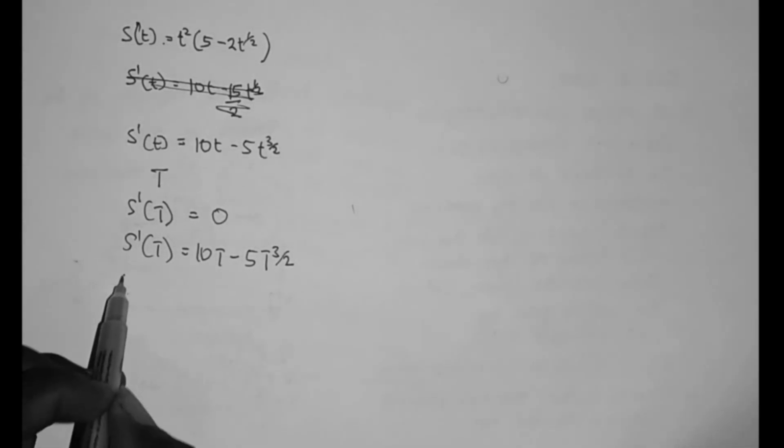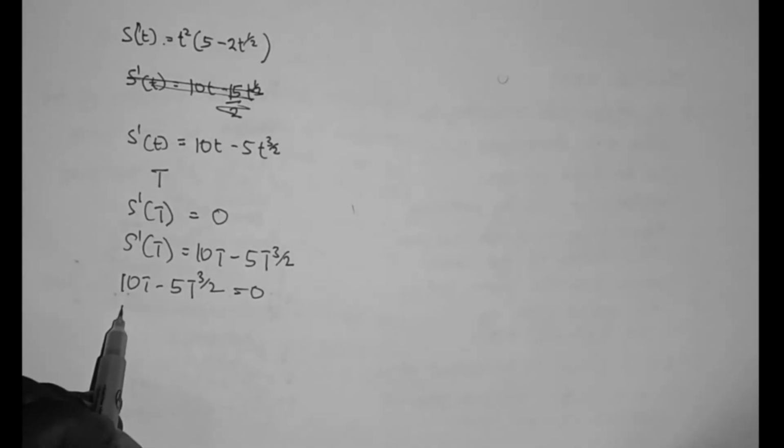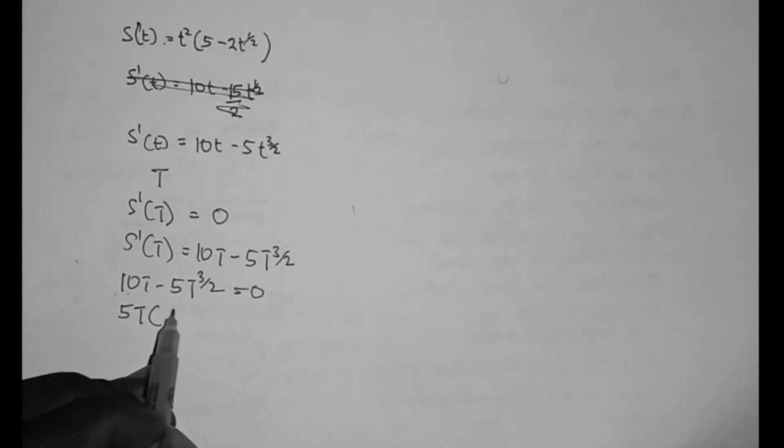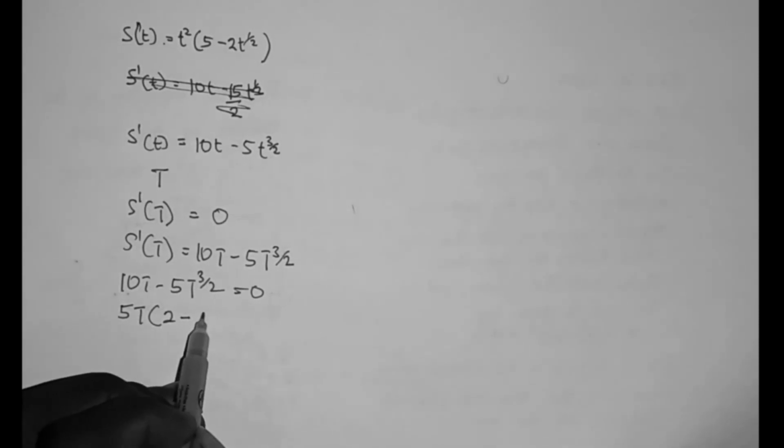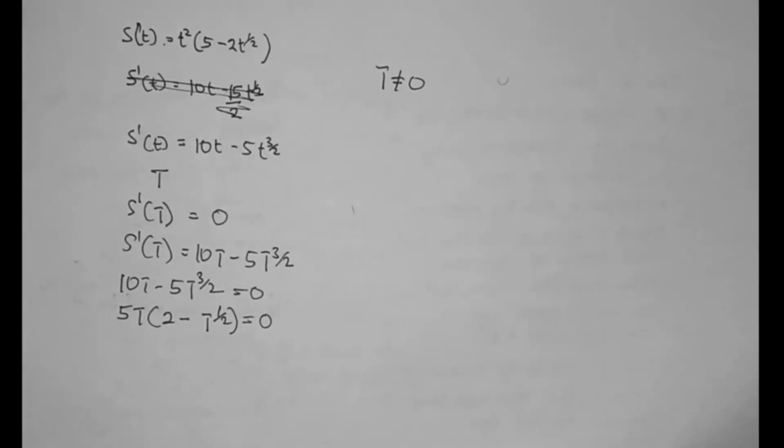So at the point where the particle comes to rest, the velocity is 0, and therefore 10t minus 5t exponent 3 over 2 is equal to 0. So let's factorize 5t out. We'll be left with 2 minus t exponent 1 over 2 is equal to 0. But we know that capital T cannot be equal to 0.